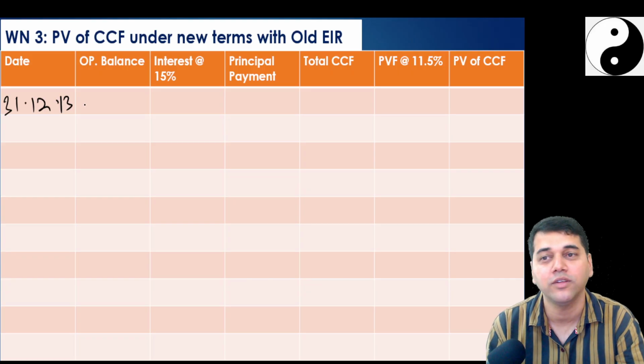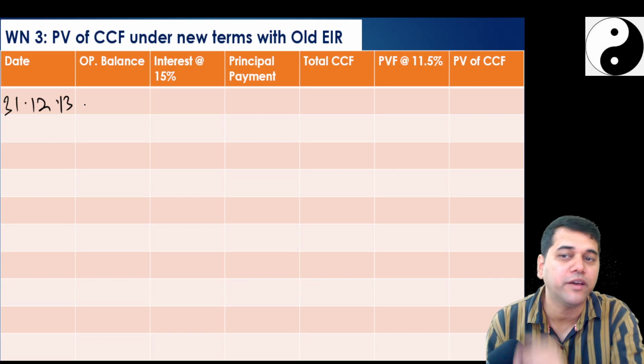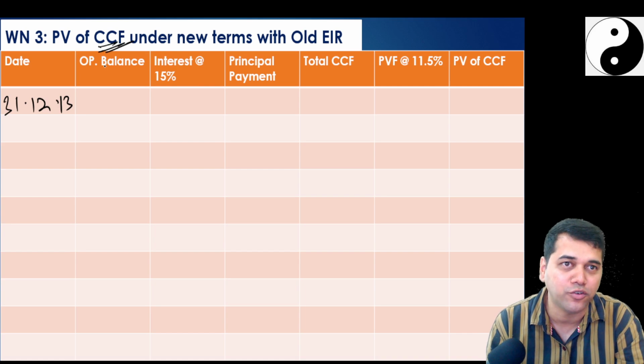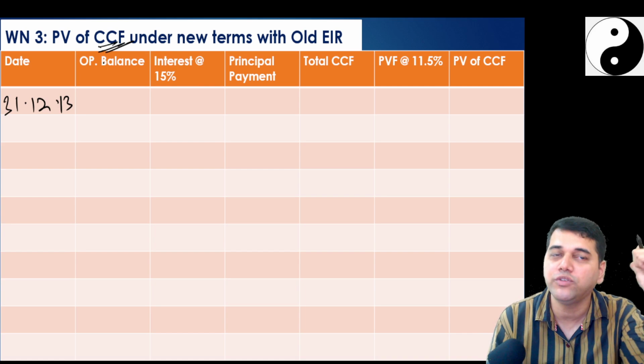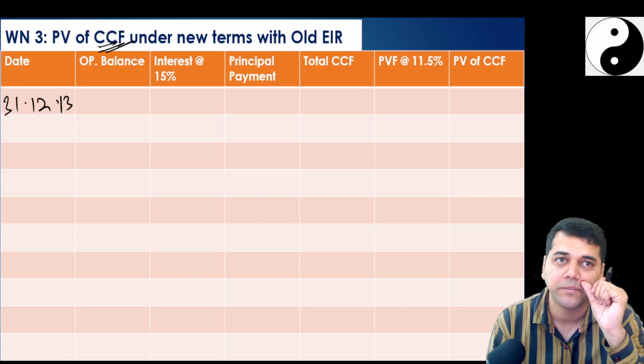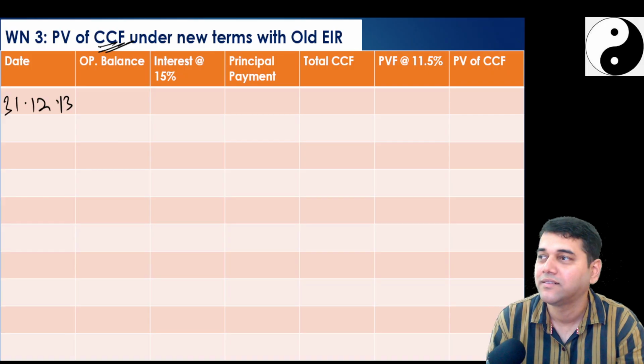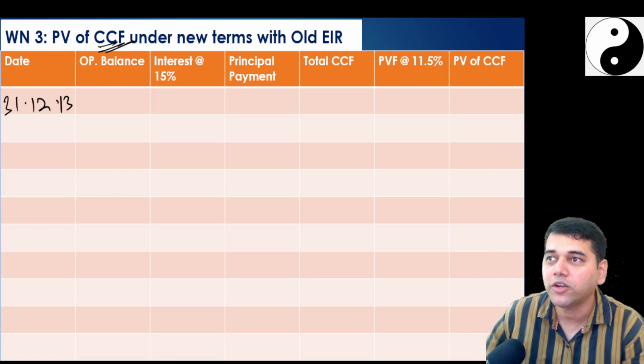Am I asking you now from whose perspective we are finding out? This is a contractual CCF, no. What does your CCF have to do with your book value, accounting entry? CCF comes with what you have to pay to them.